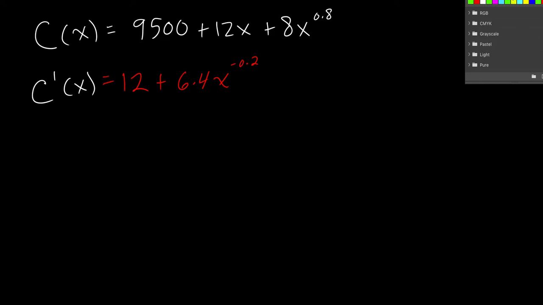The next thing is find the marginal cost when there's 150 items and interpret the results. Okay, so all we have to do is plug in 150.